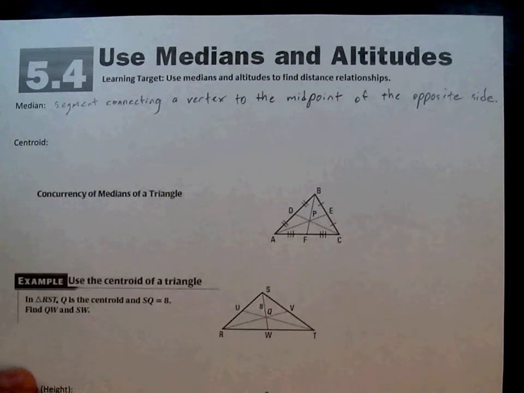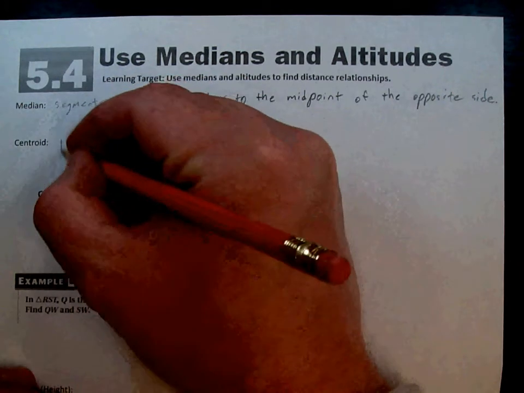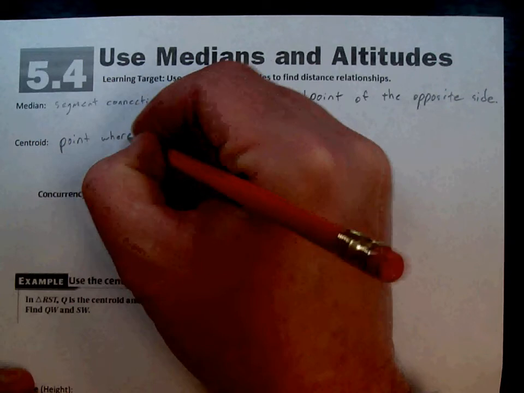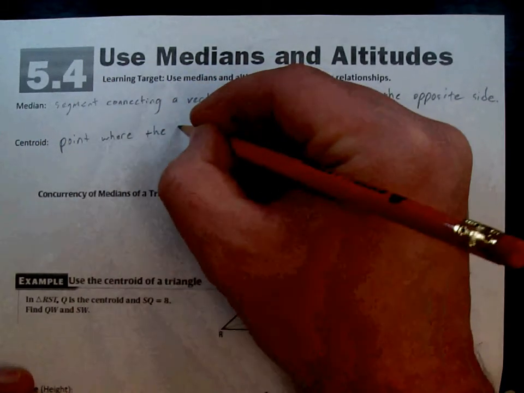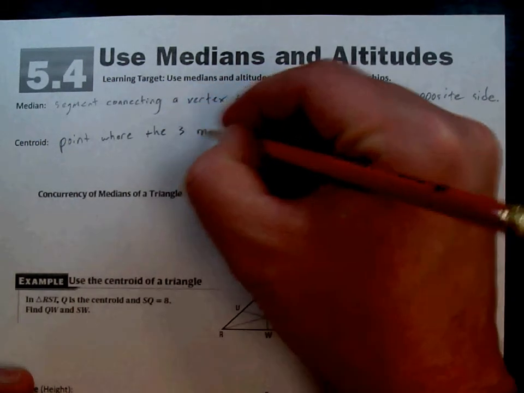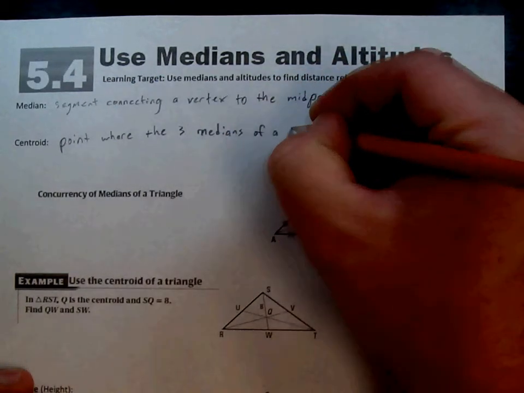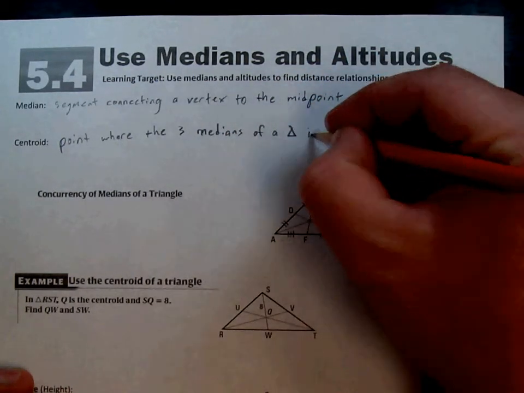If you draw all three medians into a triangle, they will intersect at the centroid. It is the point where the three medians of a triangle intersect.